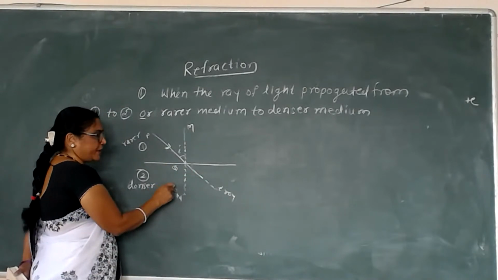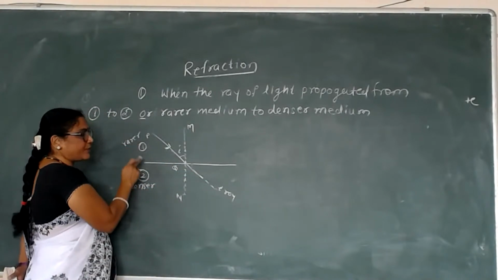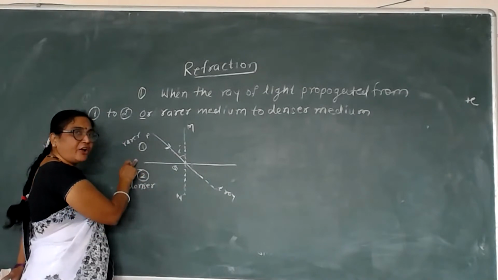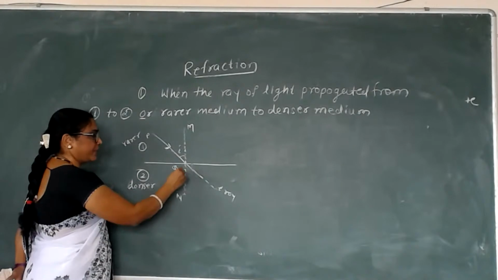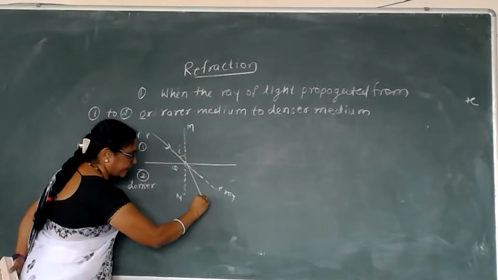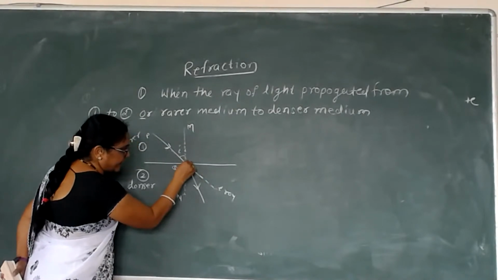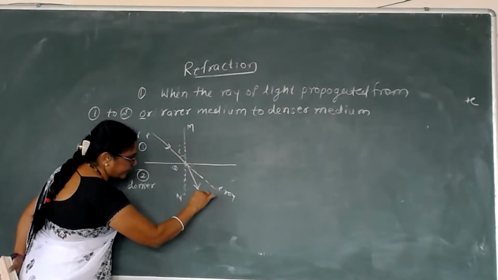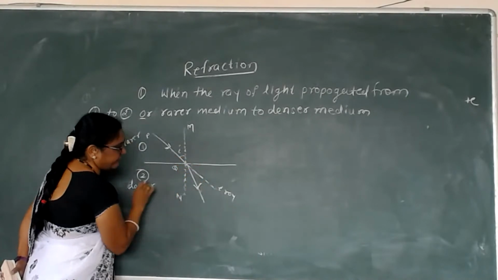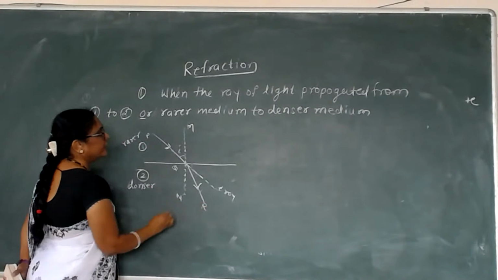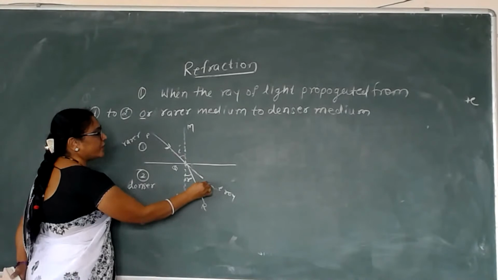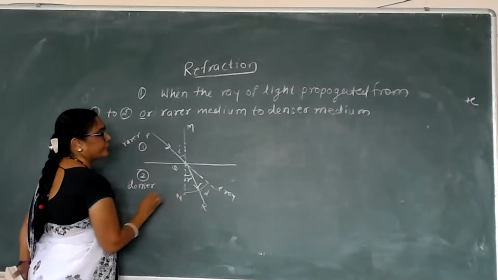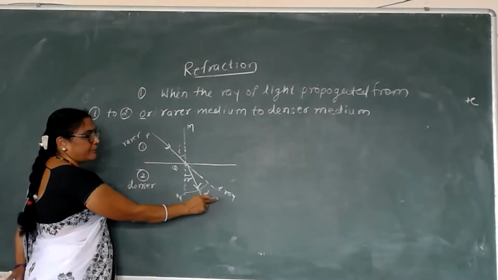Due to the changing medium, the ray of light passes from rarer to denser, and it bends towards the normal. So this is the refracted ray QR. This angle is known as the angle of refraction r, and this is known as the angle of deviation d. And d is equal to i minus r.